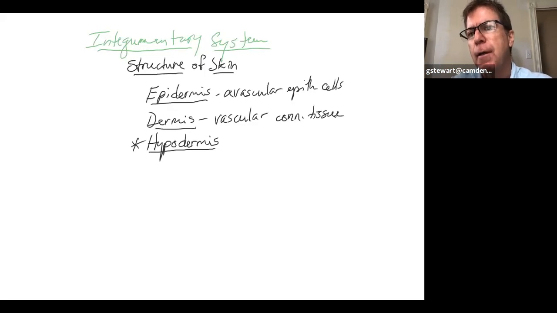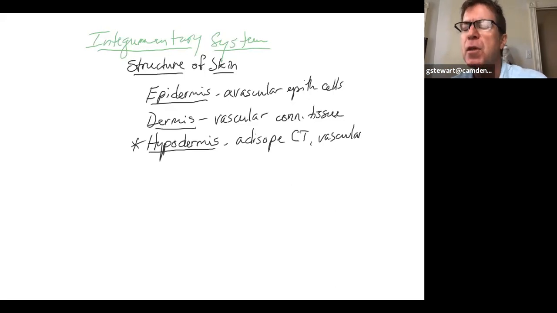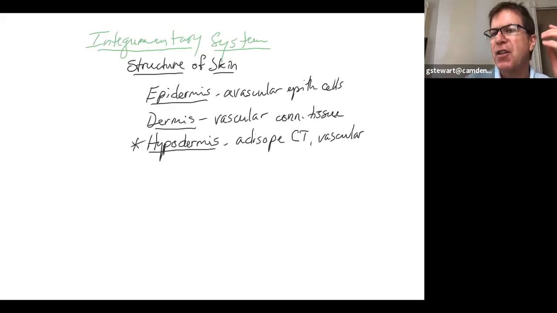This is mostly highly vascularized adipose tissue. So I'm just going to write adipose CT. It's very vascular. There's also some immune cells and nerve cells in there as well. All right, so that's just a general overall look at the sections of the skin.